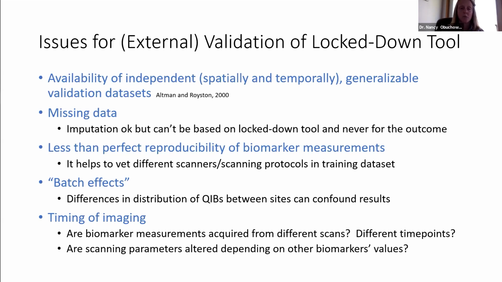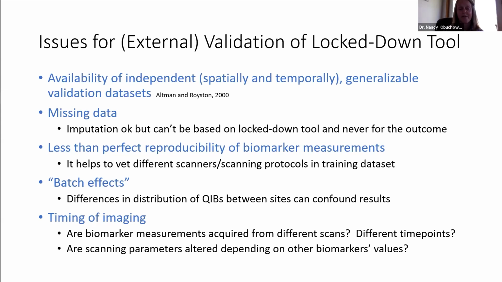We're going to have even greater reproducibility issues. So one way to get around this is to make sure that in the training set, we have vetted different scanners and scanning protocols so that we've seen the range of variability, so that when we go to the validation data set, we know what to expect there.